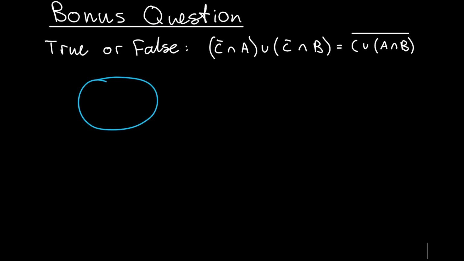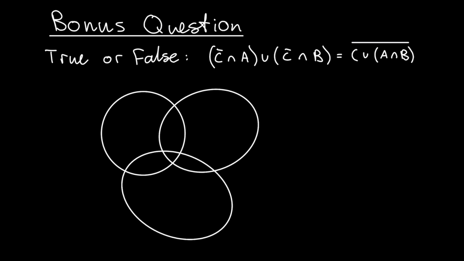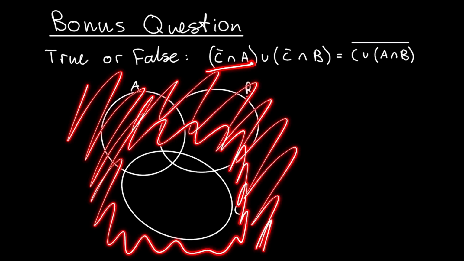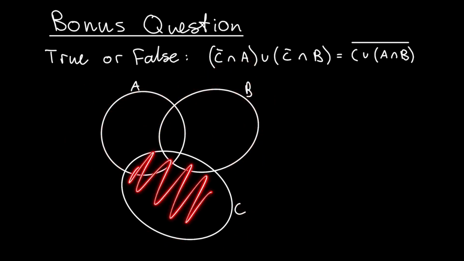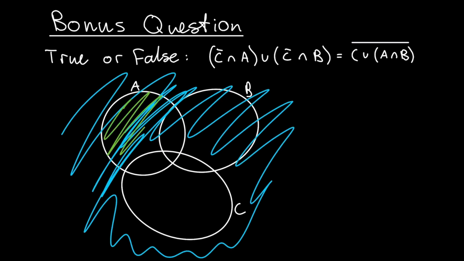So if we were to draw 3 circles again, A, B, and C, this part here is everything that's not in C. So that's all of this, including the sample space that's not C, intersection with everything that's in A. So we're choosing this and what overlaps with the green.